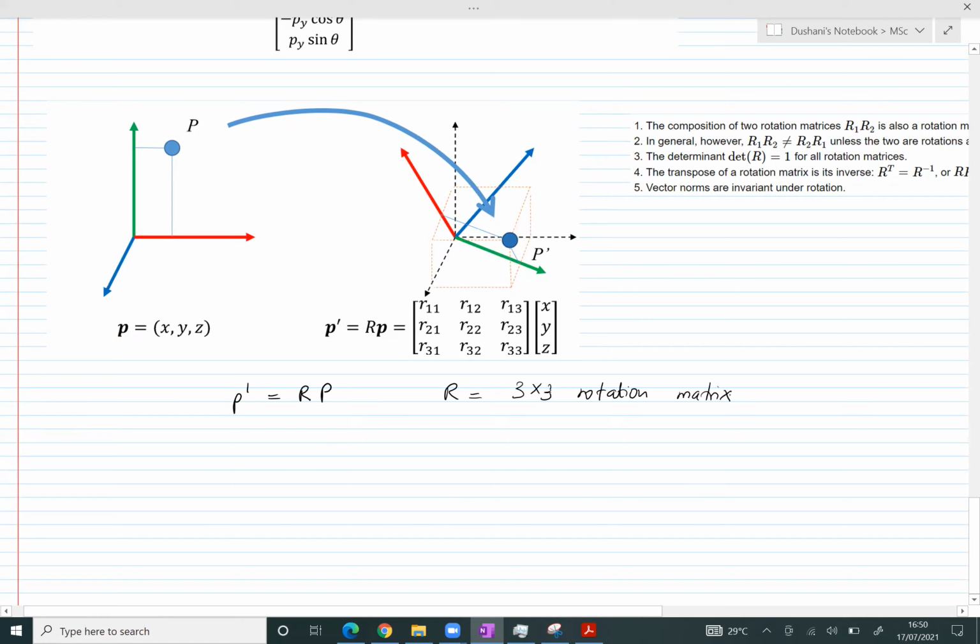So after rotation, the coordinates of the transformed point P dash relative to the orthogonal axis is determined via a matrix multiplication with the rotation matrix R. This is the rotation matrix R.